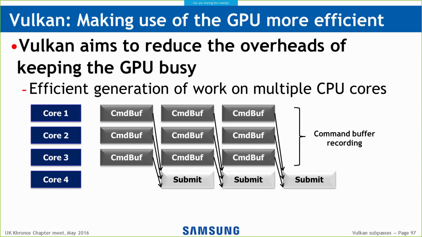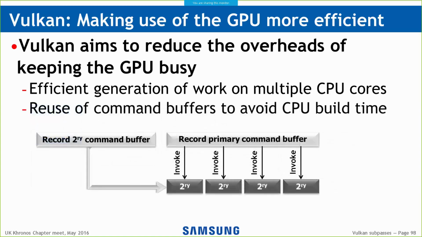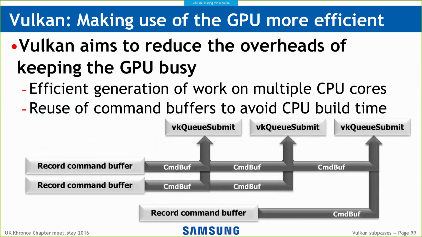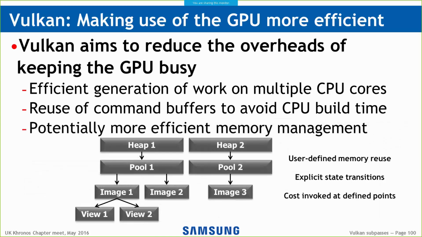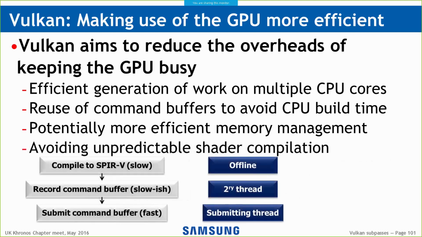We've got the ability to reuse those command buffers, which stops the CPU having to do anything at all. And you can reuse those command buffers across multiple frames or multiple submissions, potentially. We've got direct control over memory management, which is intended to make sure that you're not waiting so much between GPU calls. And you've got proper control over when the shaders are happening, partly through pipelines and that level of control.